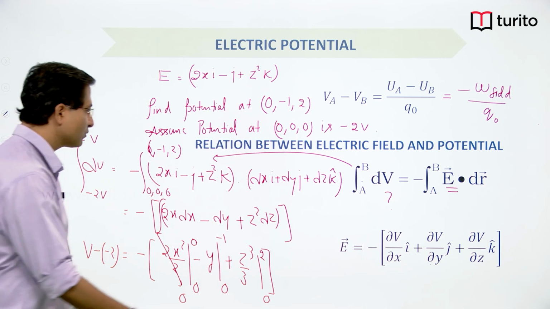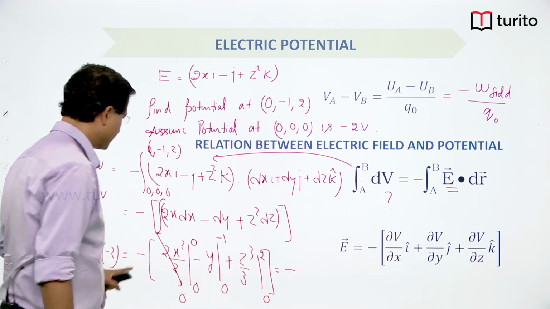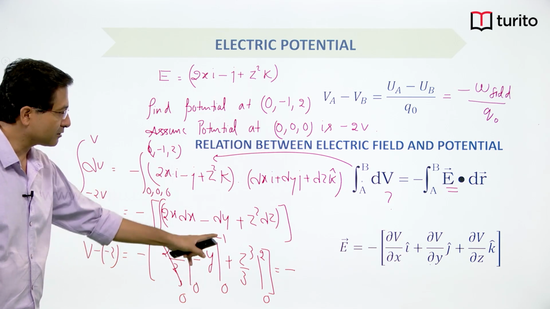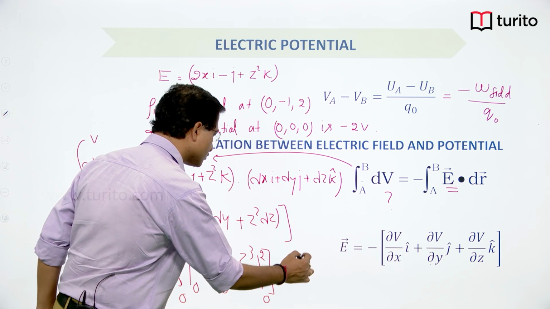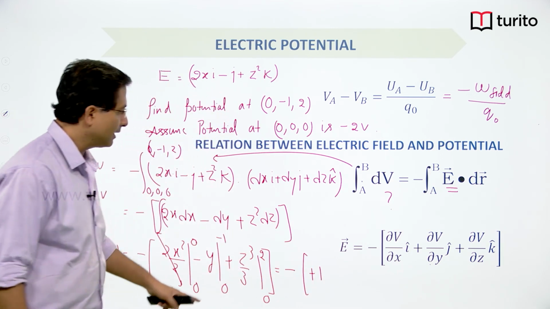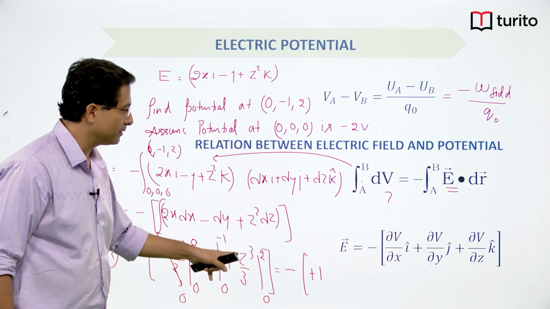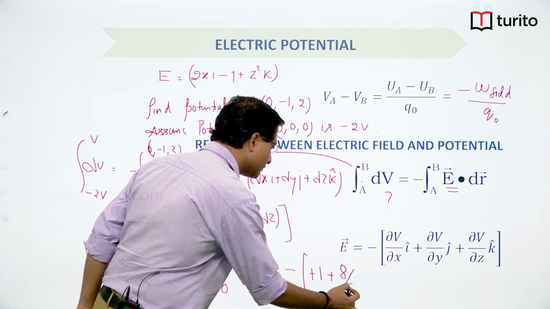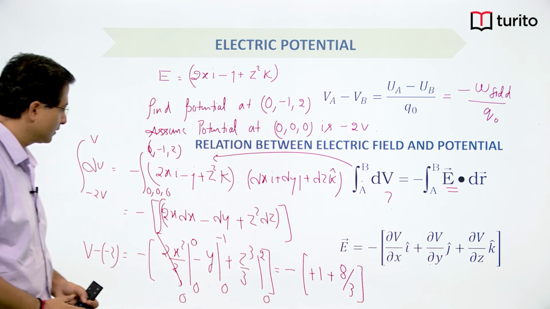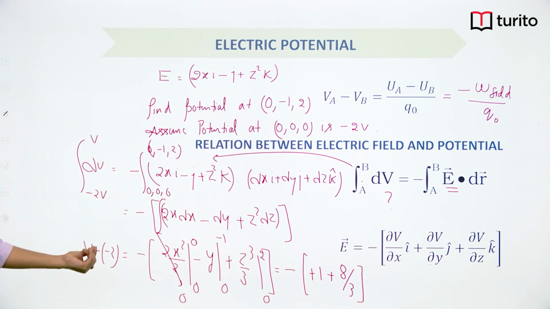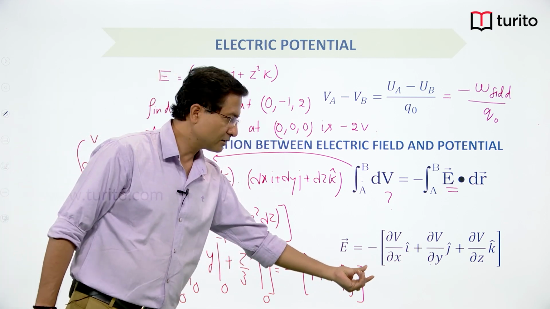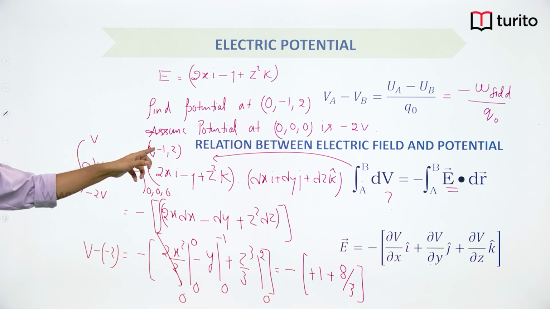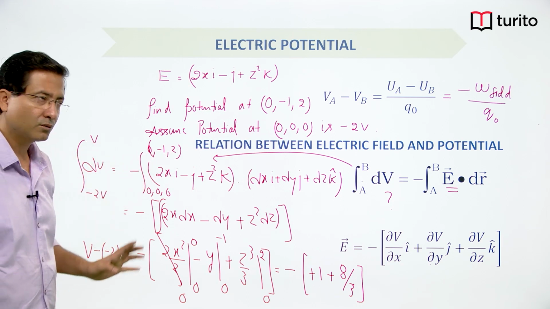So, if I simplify this one, upper limit minus lower limit, with minus minus it will become plus. So, this will be plus 1, and here upper limit minus lower limit, this will become 8 by 3 plus 8 by 3. Now, you can get this plus 2 on other side, it will become minus 2, you can simplify and you will get potential at 0 comma minus 1 comma 2, right.